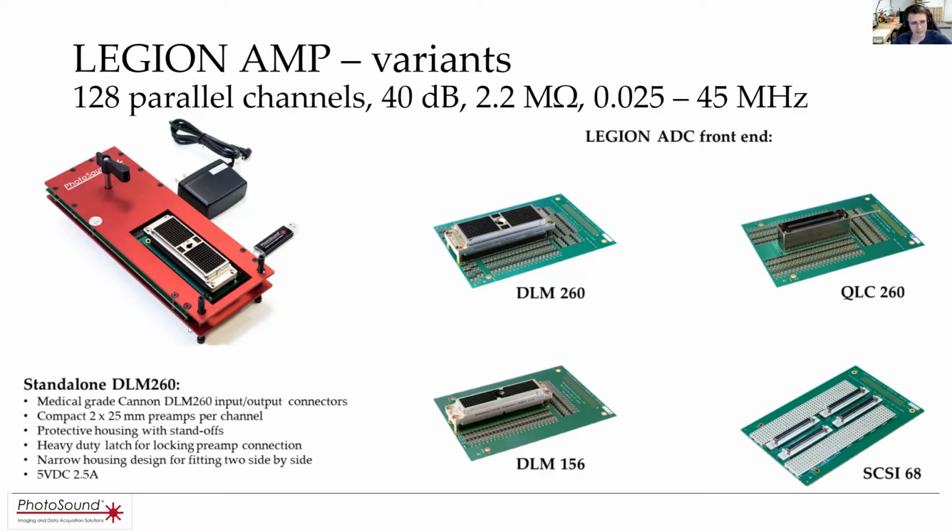It also has adjustable stands, so you can adjust the height of the Legion amp compared to the faceplate of whatever ADC you're connecting it to, so that you're not straining these connections. And on the right-hand side, we have a few different connector types on our preamps. We typically have the DLM 260 and QLC 260 available, and these connect to our Legion ADCs.